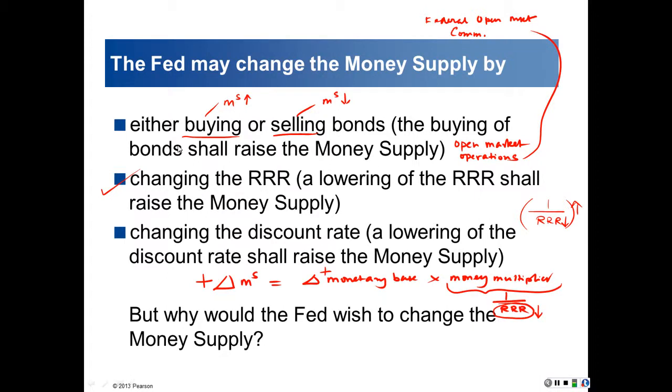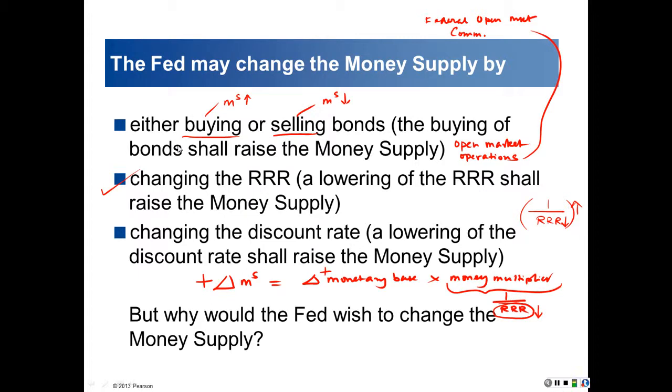Now by lowering the required reserve ratio, the Fed makes it easier for banks to lend. Because what is the required reserve ratio? It's the minimum percentage of its customers' deposits the banks can't touch, that they have to keep as a cash reserve. Now if this RRR were lowered, banks could now lend out a larger proportion of their customers' deposits. There'd be more bank lending, in other words. And this extra lending is then going to result in an increase in the money supply. So that's how that works.